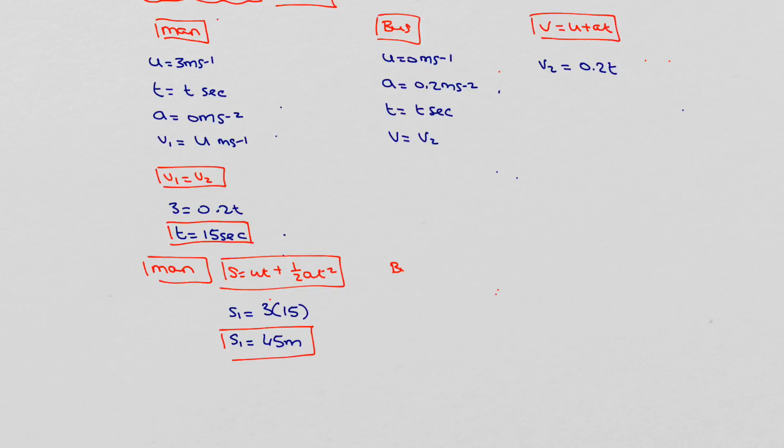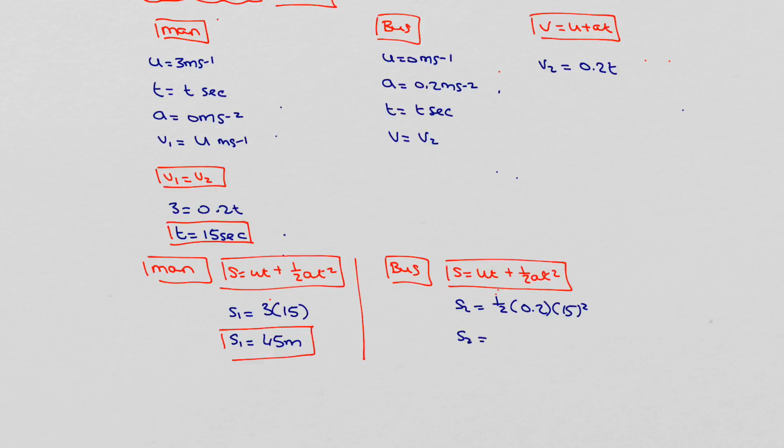The bus, again using S equals ut plus a half at squared, well, S2 then would be equal to, again, no initial velocity, so just a half at squared here. And the distance the bus travels is 22.5 meters.